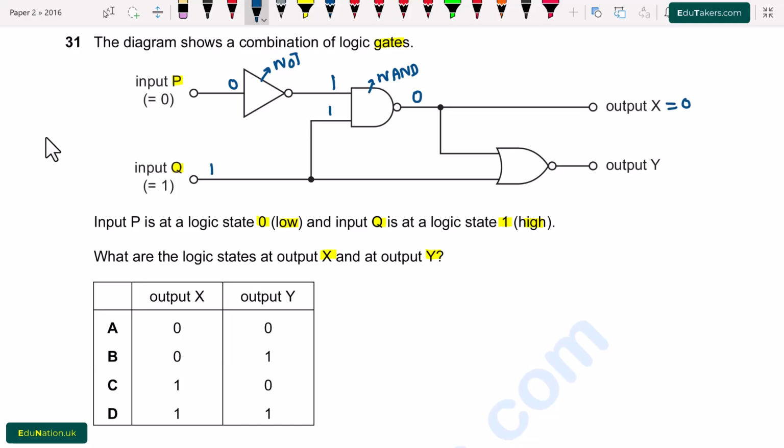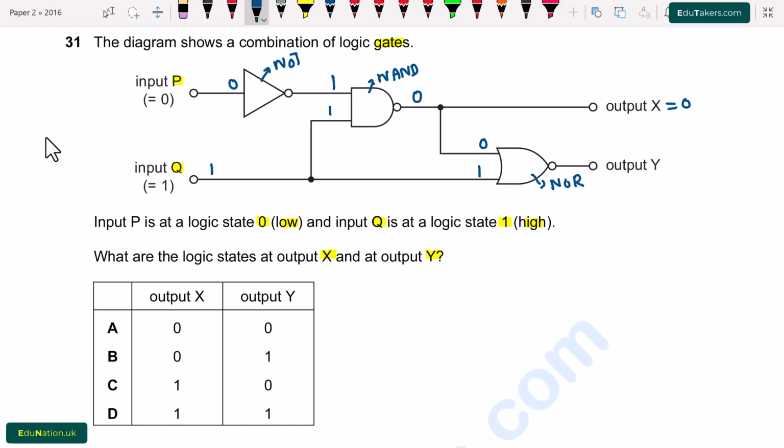Next we also have to find out the output Y. This 1 comes here as it is and this 0 comes here. This is a NOR gate. A NOR gate is formed when we apply a NOT gate over an OR gate. In the OR gate, we say that if any one of the inputs is high, the output will be high. Here 1 is a high input, so the output of the OR gate will be 1.